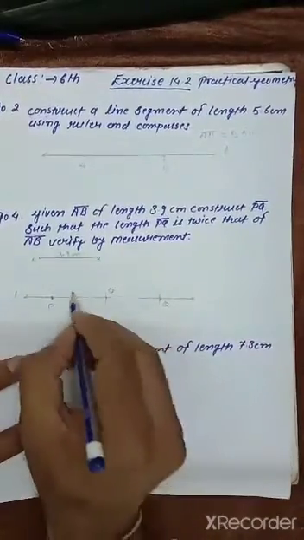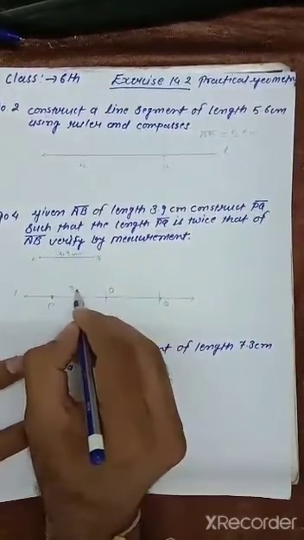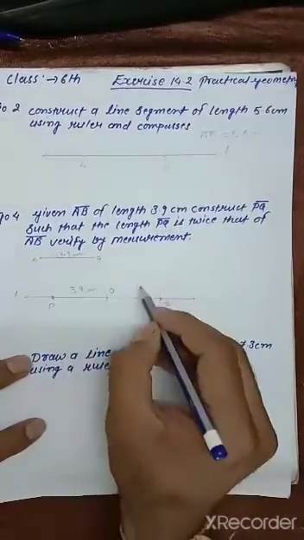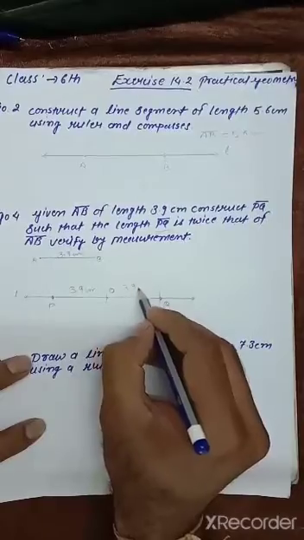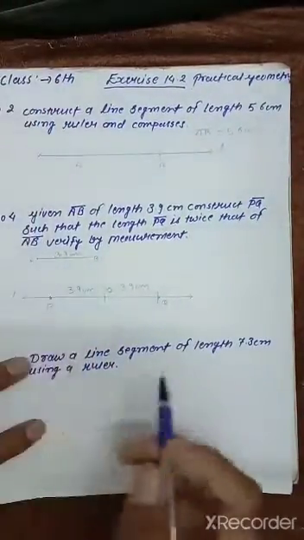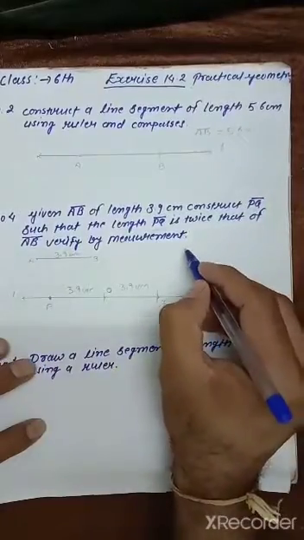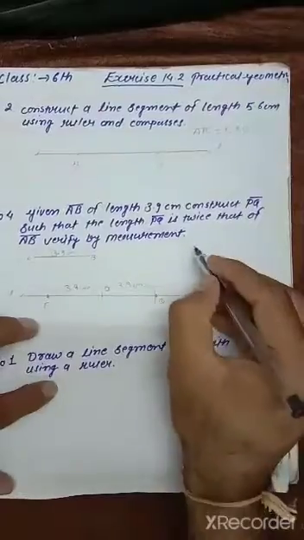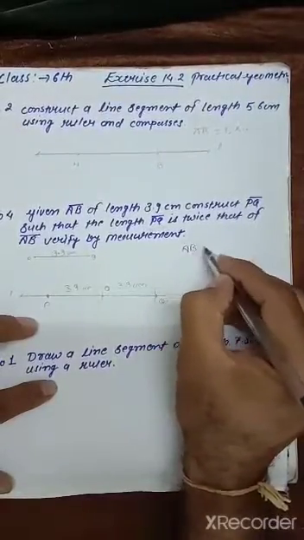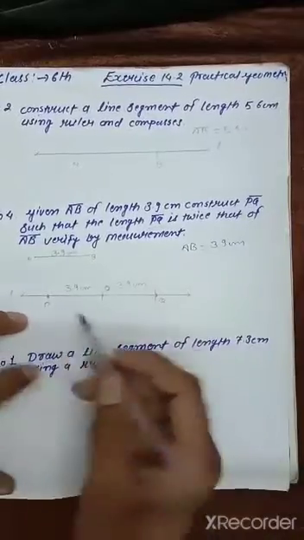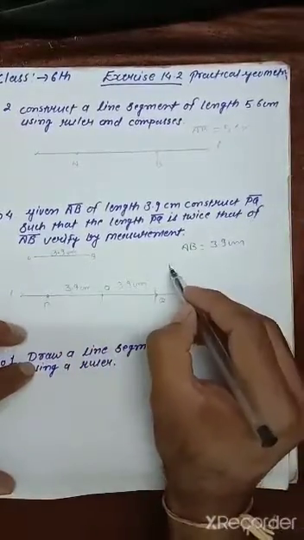As we know, PO has a length of 3.9 centimeter, and OQ also has a length of 3.9 centimeter. So by verification, the given length of AB is 3.9 centimeter. Now what is PQ?